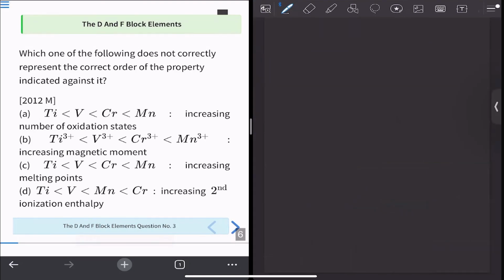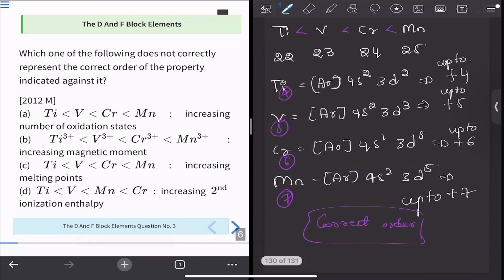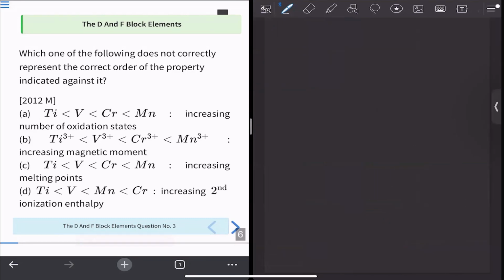So next is option C, titanium, vanadium, chromium, manganese, increasing melting point. This is a correct statement because the positive power, or the protons and electrons, are increasing. As the positive power increases, it will attract electrons towards itself.